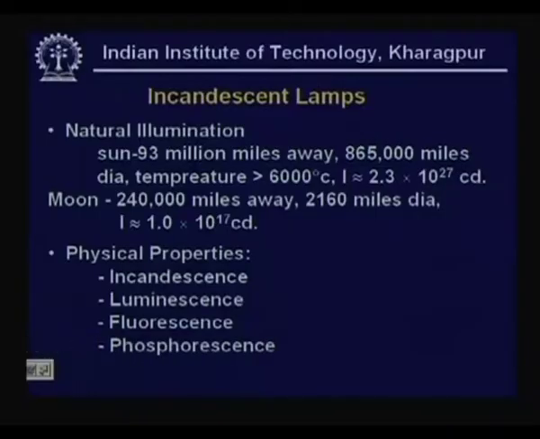Now, we are looking at the application of artificial sources to achieve similar light conditions in all our activities. In doing this, we may employ one of the physical properties, and the 4 physical properties often employed, detailed in earlier lectures, are incandescence, luminescence, fluorescence and phosphorescence.